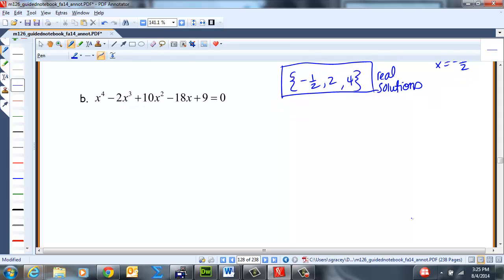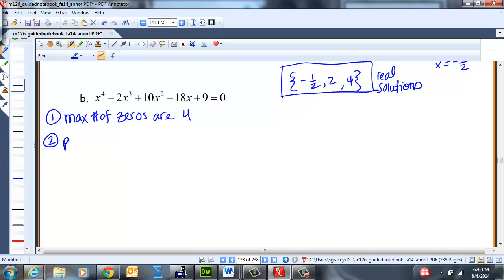Here we go. So the max number of zeros is 4, because we have a 4th degree polynomial equation.